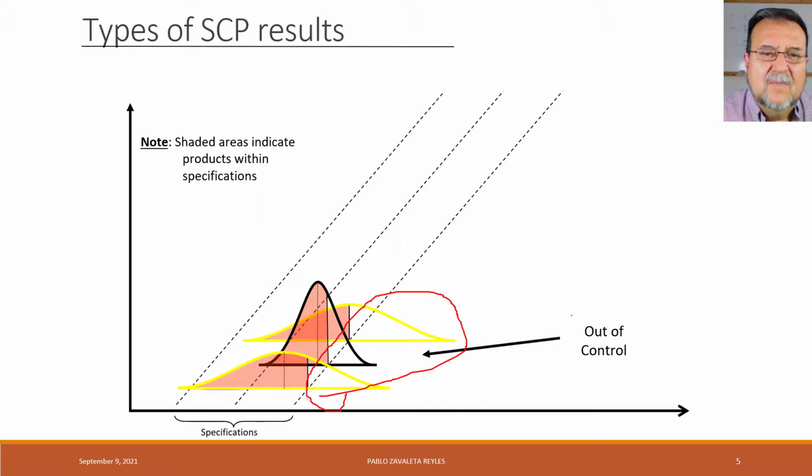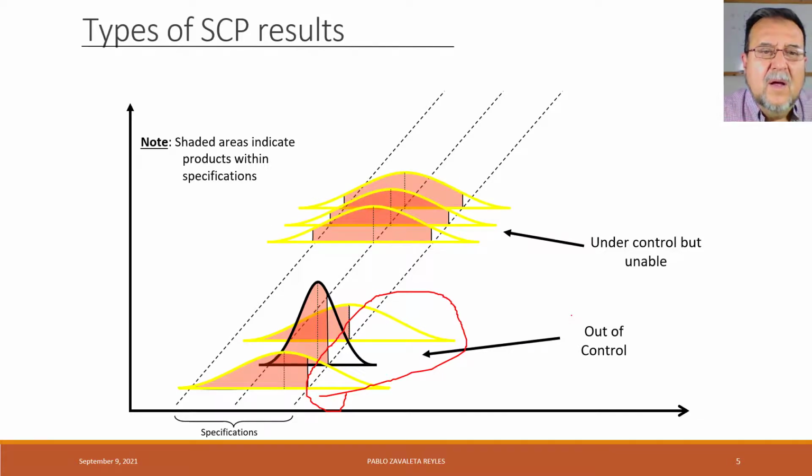Then we have a group that is under control but what we call unable. Why? Because we have these two ranges, as you can see, that are out of bounds, outside our specifications.